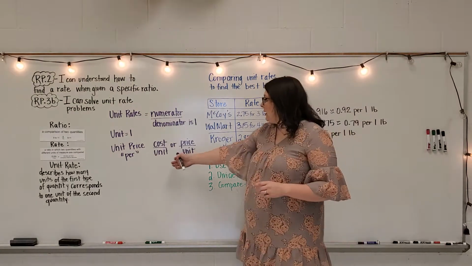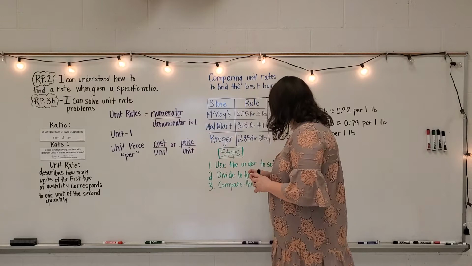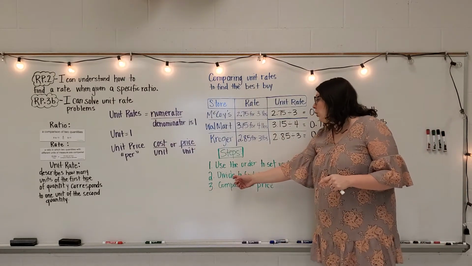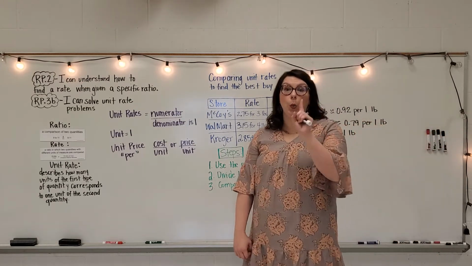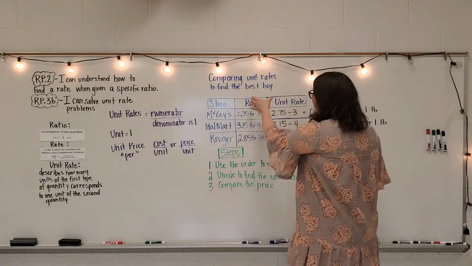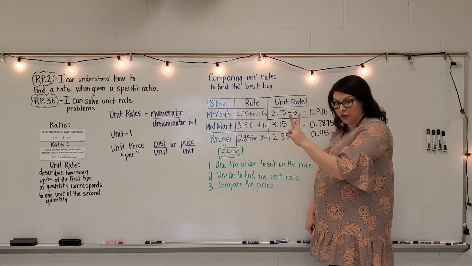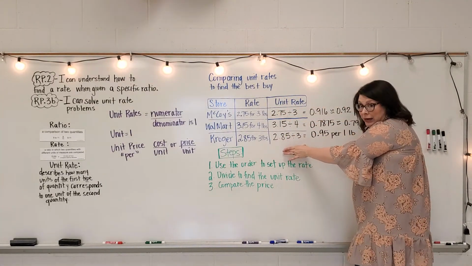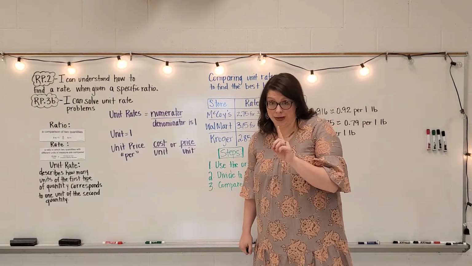So that's where we get our setup over here, cost per unit and price per unit. So we're going to set up the ratio to make it into a rate. Then we're going to divide so that our denominator becomes 1, and that makes it a unit rate. So in this column, these are rates because they're comparing two different quantities. And in this column, it becomes a unit rate because now we are dividing to get the denominator to 1.